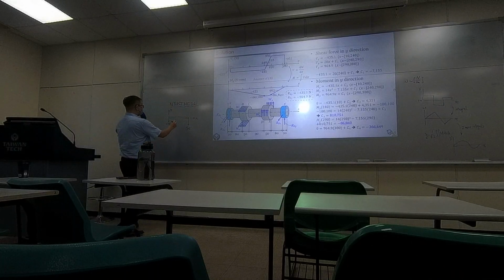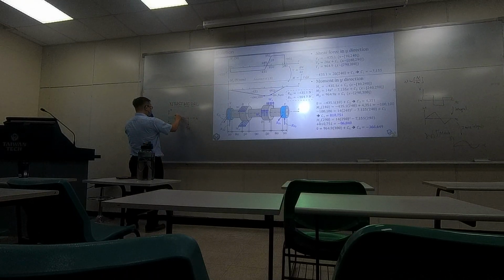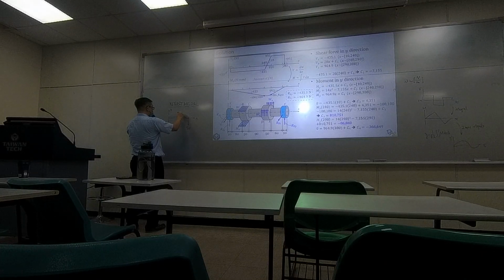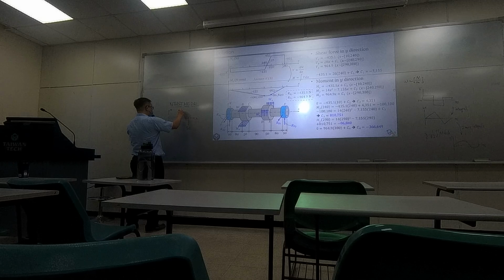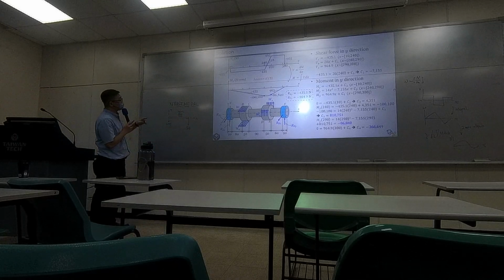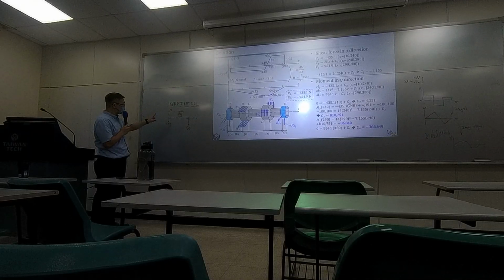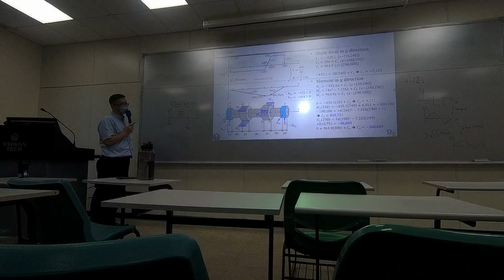And we know there's a portion like this. This will be W3 plus W4. Okay? So drawing a shear diagram is like taking a walk along the beam.